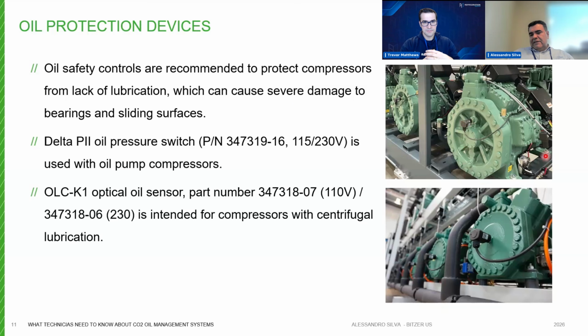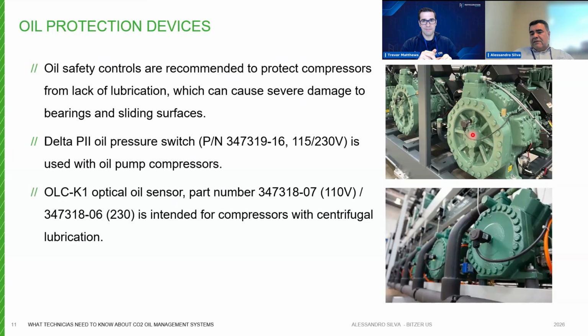This is not only for CO2, but imagine with standard refrigerants as well, with an oil pump compressor: if the oil strainer that we have on all oil pump compressors is clogged for any reason, maybe dirt in the system, we may still have enough oil in the compressor, but the differential pressure across the oil pump is going to be very small.